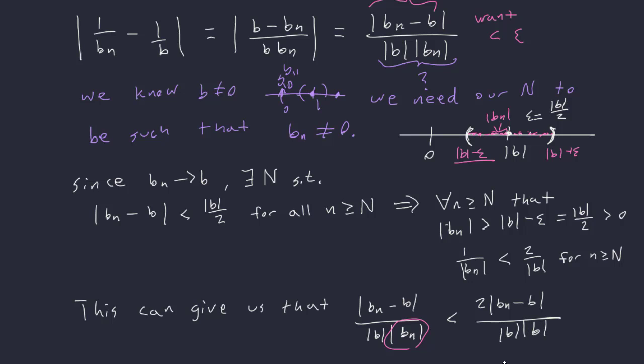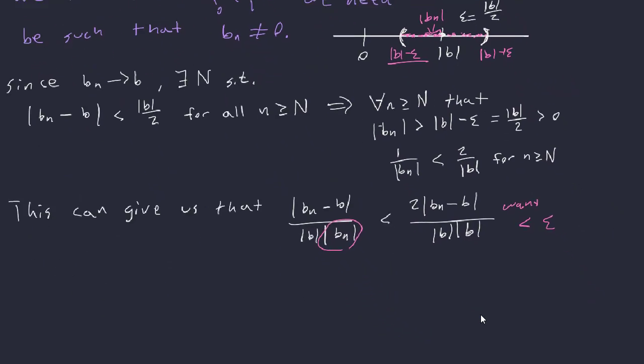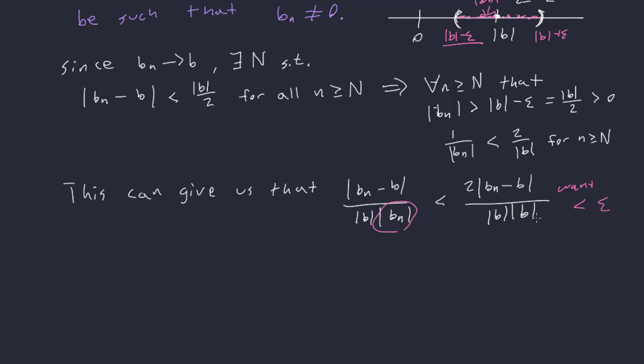And I think we're in business now, because I want this less than epsilon. So if I move some things around, that means we want the absolute value of bn minus b less than epsilon times the absolute value of b squared all over 2.